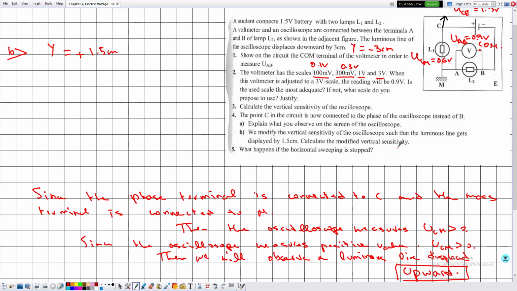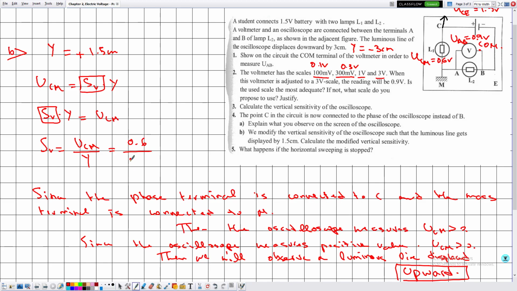Calculate the modified vertical sensitivity, and this can be done using the relation UCM is equal to SV multiplied by Y, knowing that the oscilloscope is measuring UCM, as we have justified. So flipping this equation, SV multiplied by Y is equal to UCM. We are interested in determining SV, moving Y to the right hand side, and it will be given by SV is equal to UCM divided by Y. The value of UCM is given by 0.6.